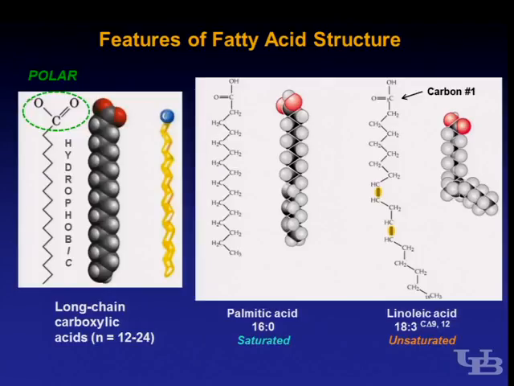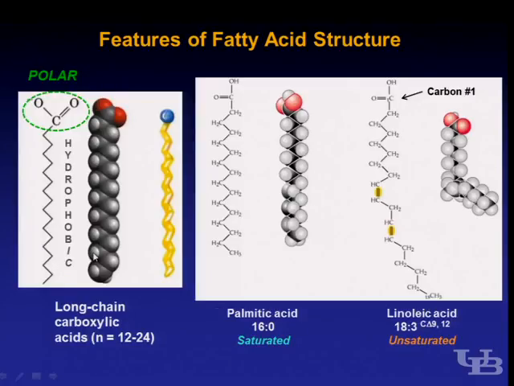The fatty part comes from a long chain carboxylic acid. The number of carbons in there ranges from about 12 to 24. So this is the hydrophobic fatty part. The acid part is this carboxylate group up here. So we have a polar head and a nonpolar tail on a fatty acid.